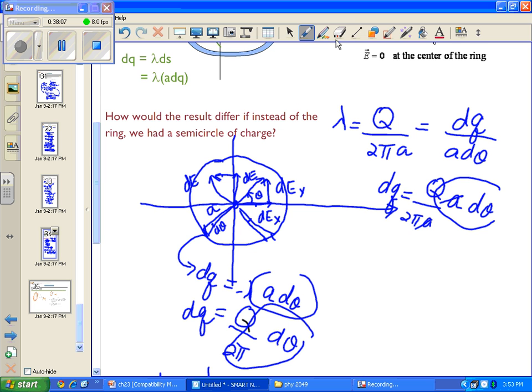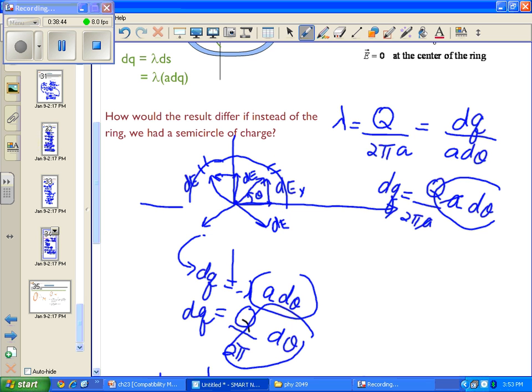Now, what if we were to erase one part of this ring? In other words, if we only had a semicircle worth of charge, how would the result differ? Of course, this time we would have contributions of dq here, which would give us a dE here, and we would have dq here.